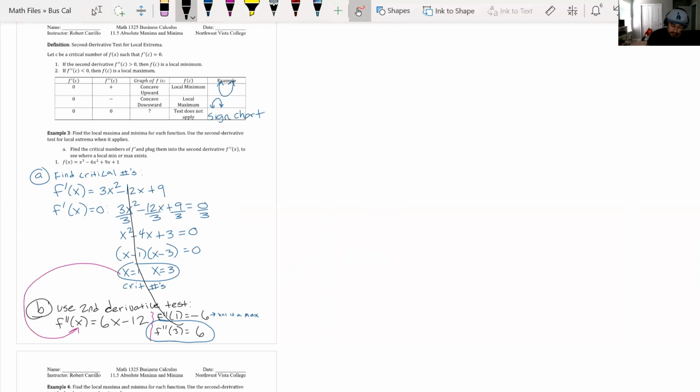This means that at the critical number, the second derivative is positive, which means the original function will be concave upward, which means at our critical number of 3, we'll have a local minimum.